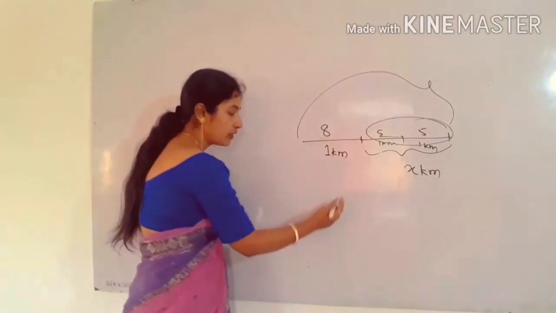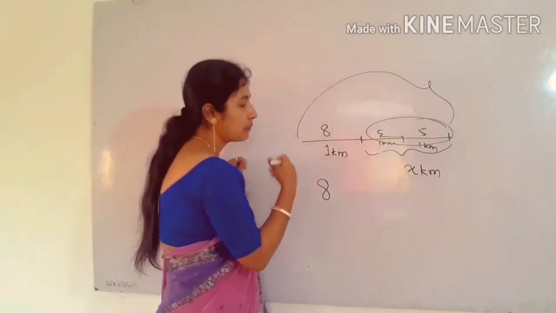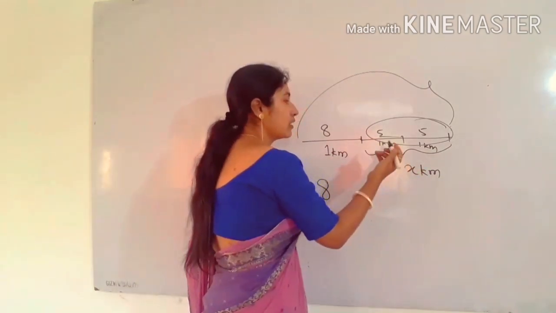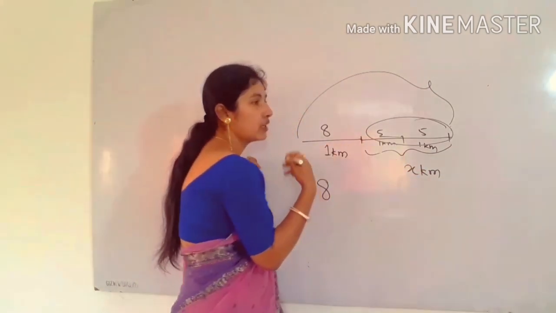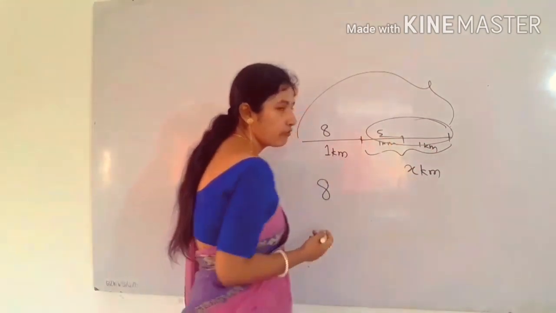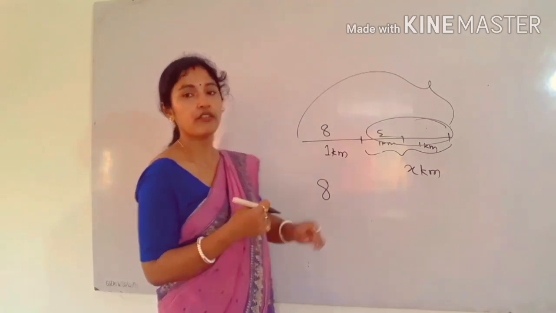For the first kilometer it is 8, it is constant. Then for the remaining x kilometer distance, the fare will be what? For 1 kilometer it is 5, for 2 kilometer it will be 5 into 2, for 3 kilometer it will be 5 into 3.